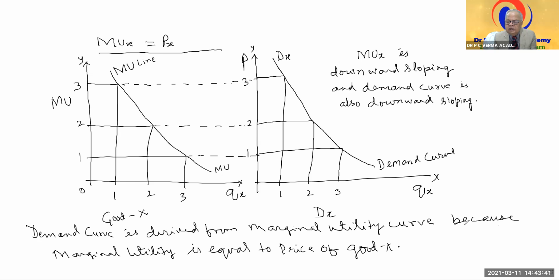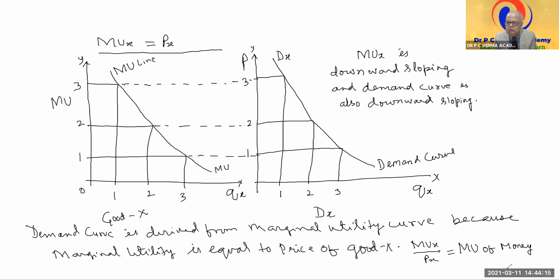So marginal utility of goods divided by price of goods will be equal to marginal utility of money. Marginal utility of X by price of X is equal to marginal utility of money.